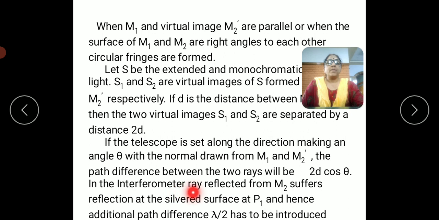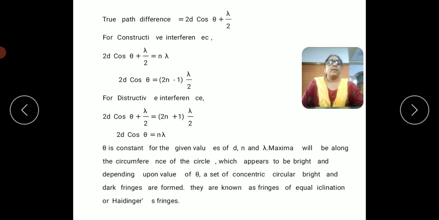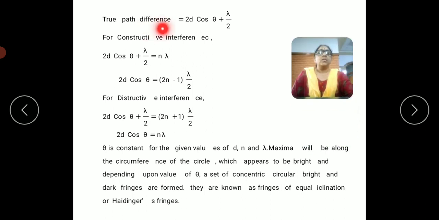In the interferometer, the ray reflected from M2 suffers a reflection at a silvered surface at P1, and hence an additional path difference of lambda by 2 is introduced, because it is reflected from the denser medium of M2. Therefore the true path difference is equal to 2d cos theta plus lambda by 2.